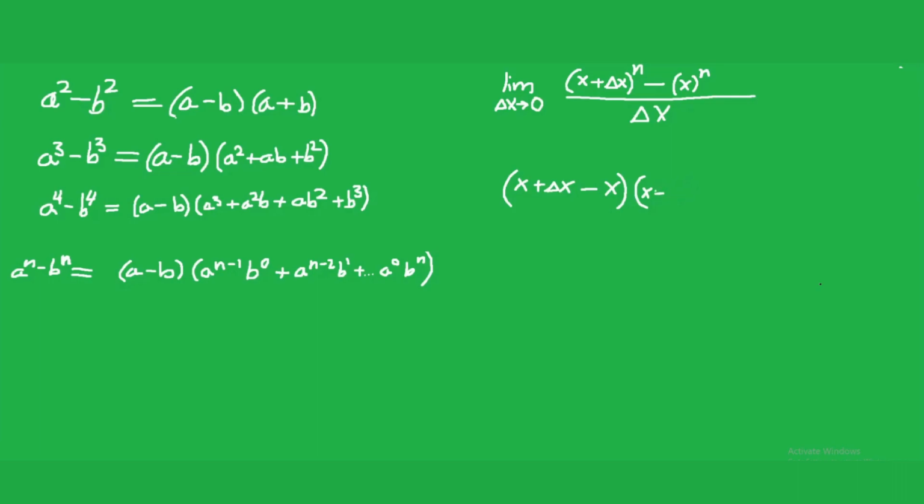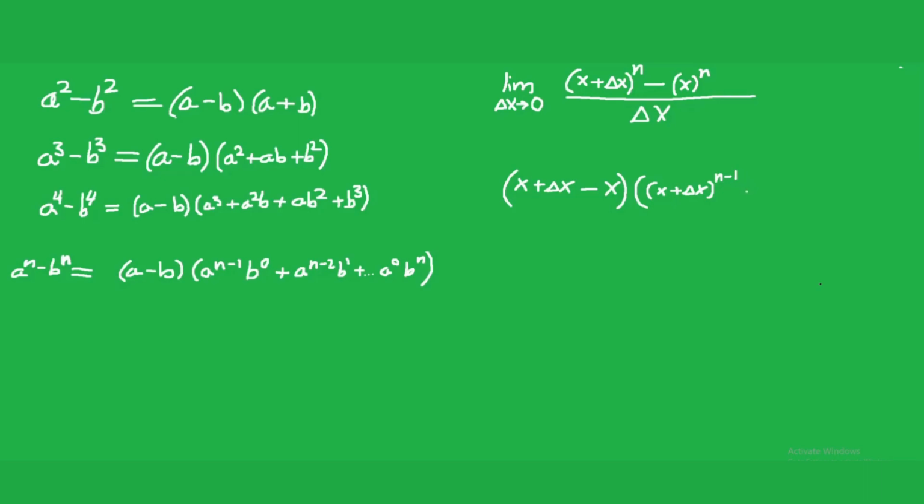I should really write these in double parentheses. x plus delta x to the n minus 1 times b to the 0, so times 1, right? No matter what it is, it's going to be 1 here. So I might as well just not even write that.